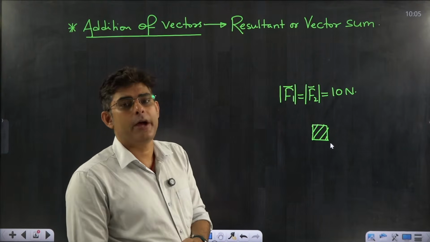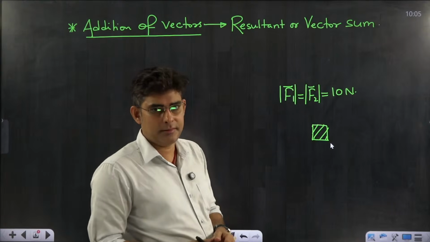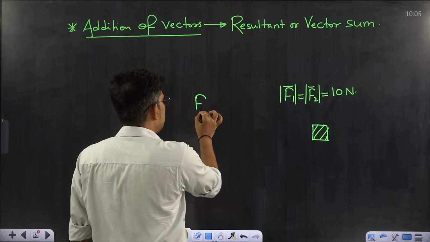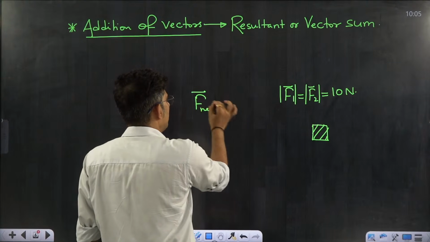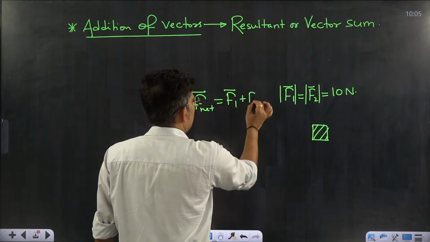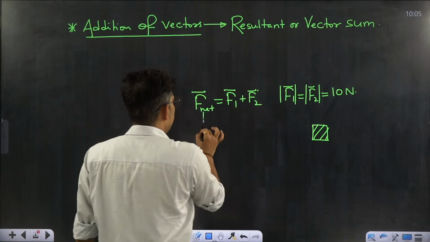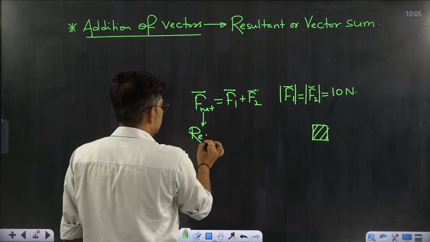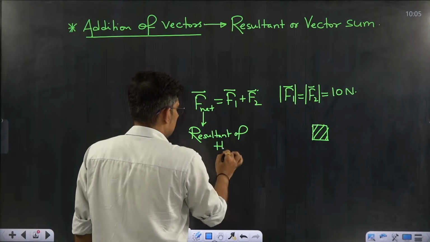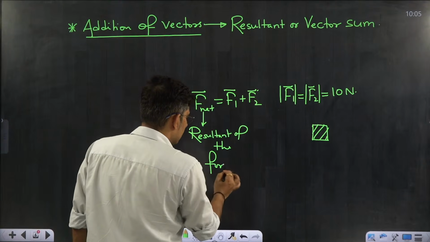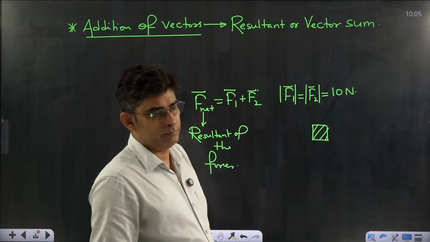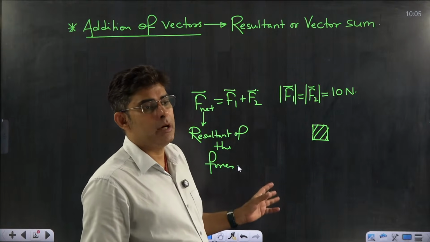So when I want to find the vector sum of these two forces, which I will call the net force or the resultant force, it will be the vector sum, F1 vector plus F2 vector, right? This will be called the resultant of the forces. Now when I take the resultant of the forces, it is not that it will come only as 20.